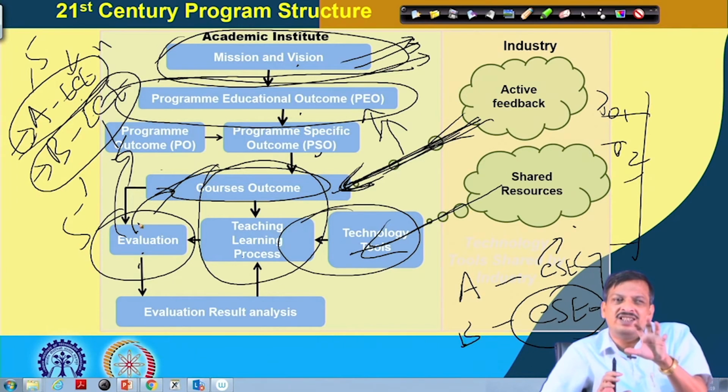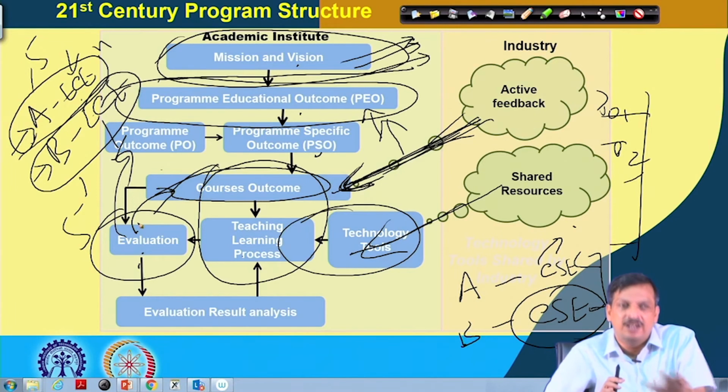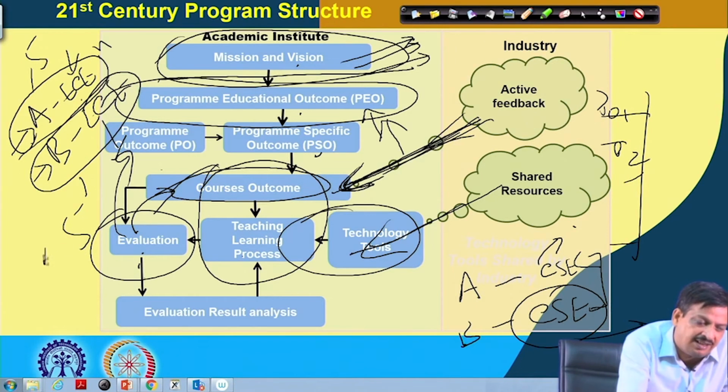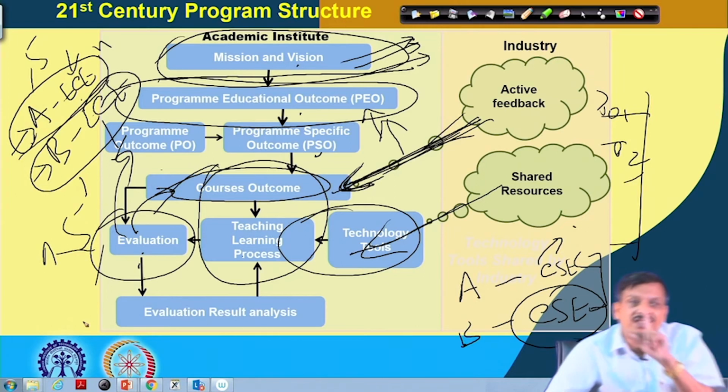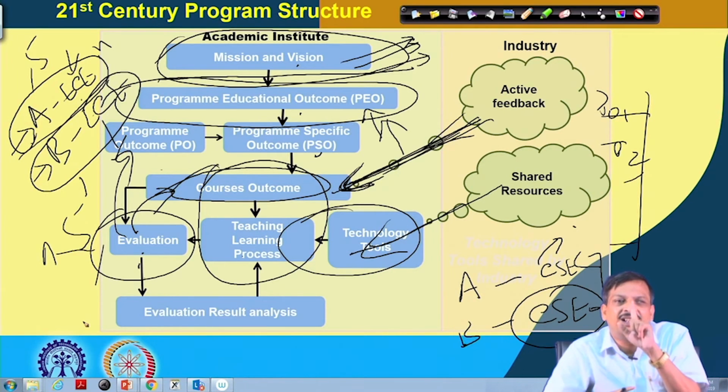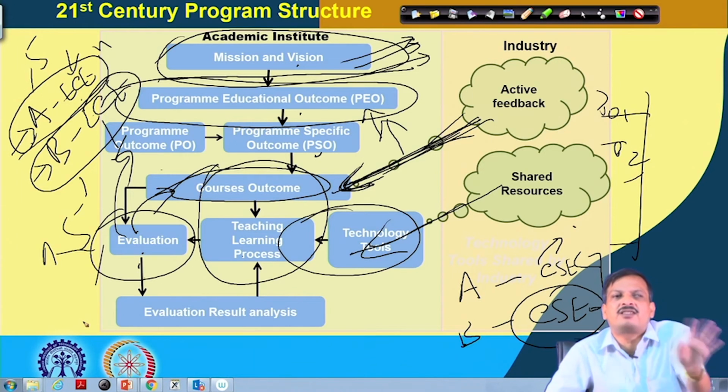So, how do you design the assessment and evaluation system such that I can correctly measure the attainment of the student goal or attainment of the student course outcome? It is not that the student has to pass the subject.